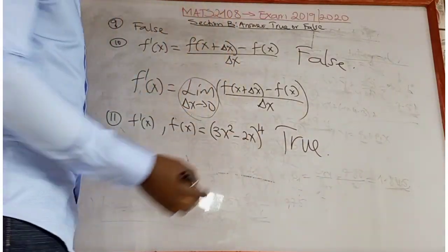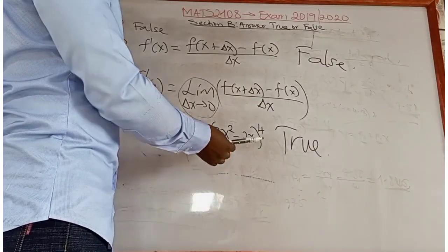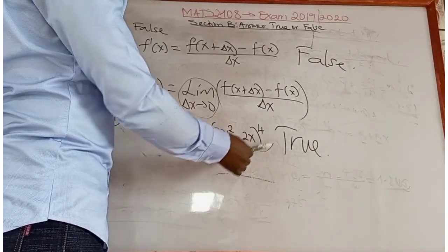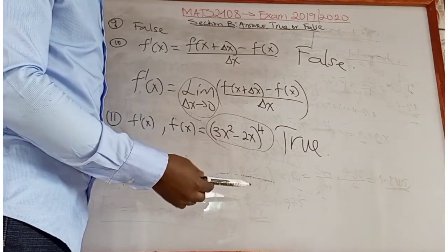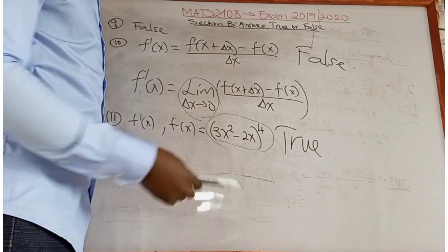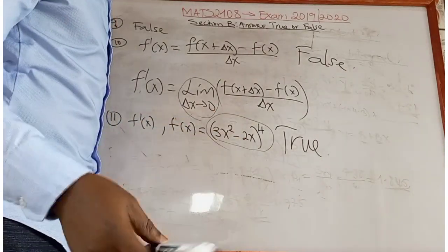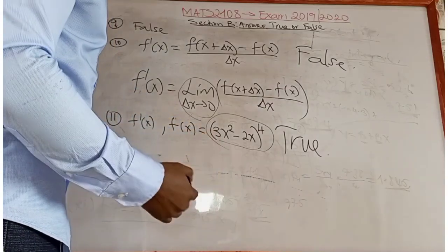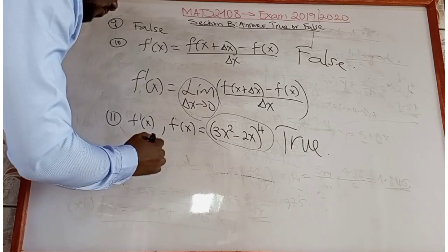To differentiate this function, we can either apply binomial theory to expand this binomial, or we apply the chain rule to differentiate it. That means by the binomial theorem, we first of all expand before differentiating. By using the chain rule, we can differentiate directly without going through a long procedure.